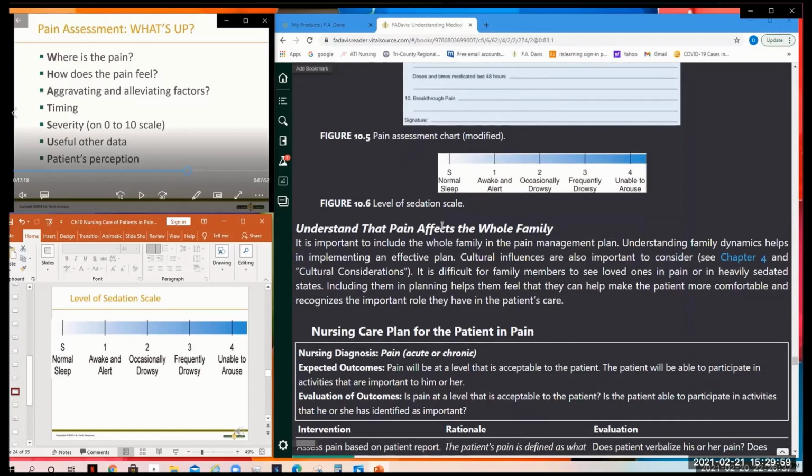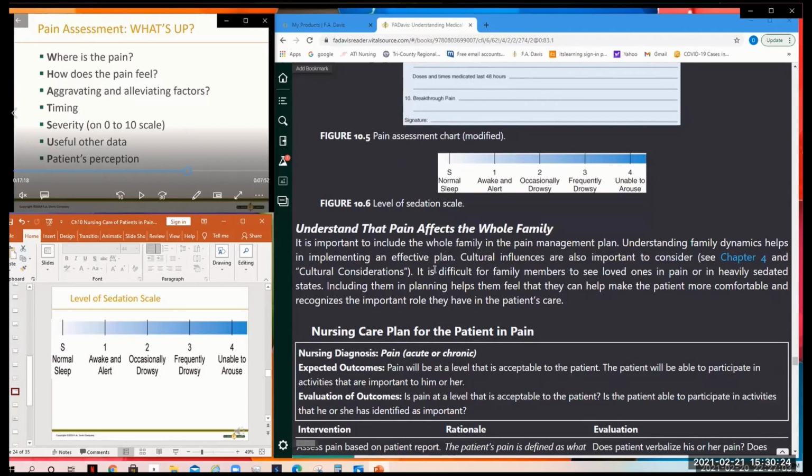Understand that pain affects the whole family, and this is on page 137 of my book. It is important to include the whole family in the pain management plan. Understanding family dynamics helps in implementing an effective plan. Cultural influences are also important to consider.